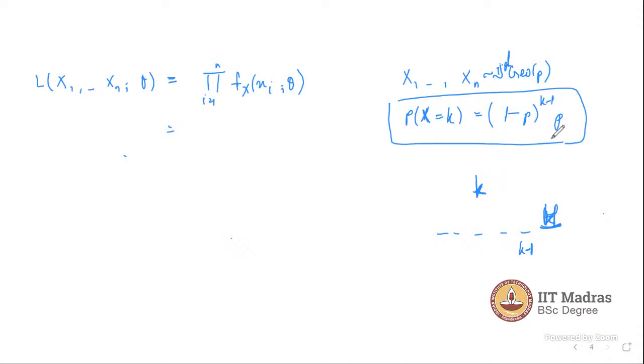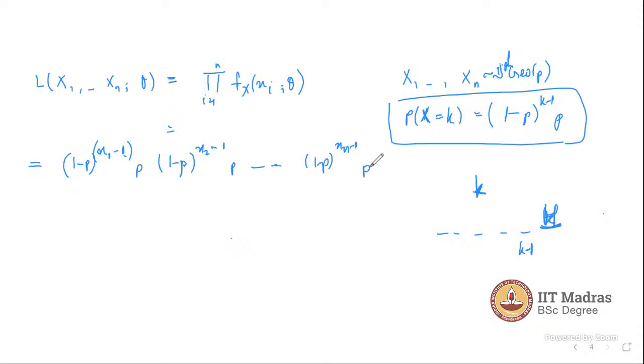Taking the product over n samples, we get (1 minus p) to the power x1 minus 1, p, times (1 minus p) to the power x2 minus 1, p, up to (1 minus p) to the power xn minus 1, p.